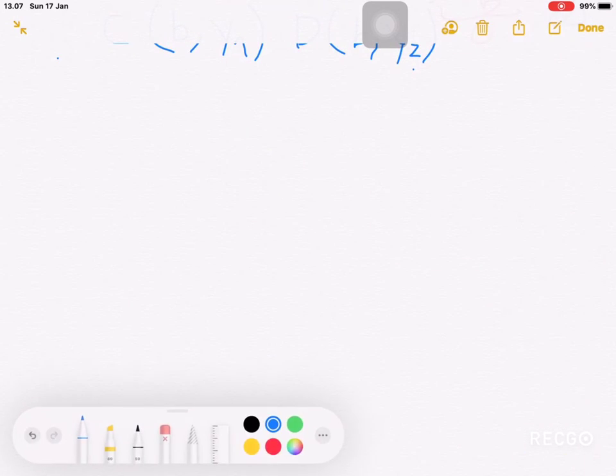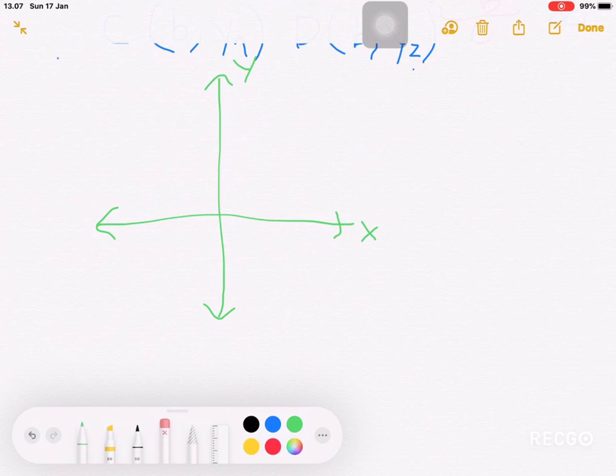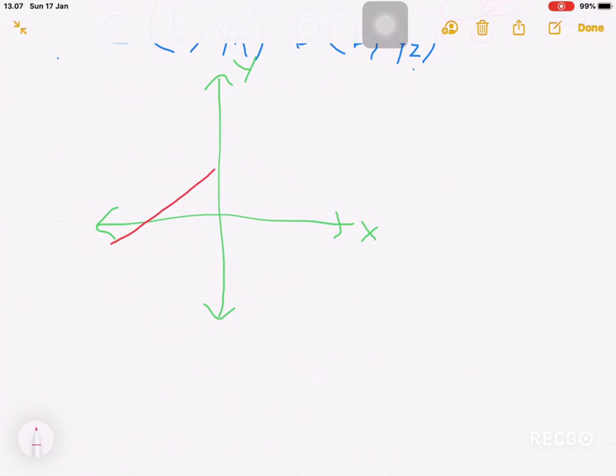And one thing I want to mention, I'll redraw the xy plane right here. If you have two lines with the same gradient, therefore the slope is the same, it doesn't matter where the y-intercepts are, as long as their gradients are the same.